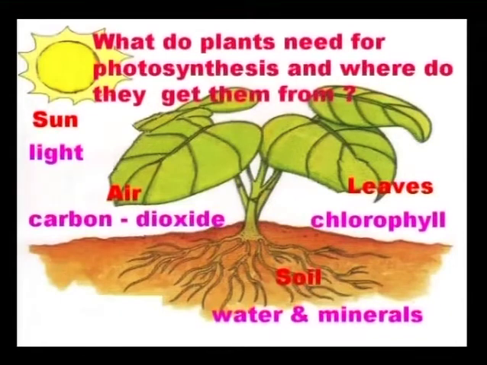The two things they need to make their food: light, carbon dioxide, water and minerals, as you mentioned in some of your explanations. And they need chlorophyll present in which part of the plant? Mostly the leaf, good. And we need sunlight, air, water and minerals in the soil, chlorophyll in the leaves. So the whole process would look like this.